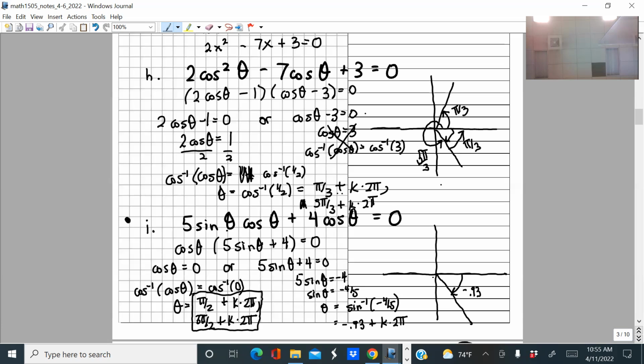It's got to be in the third quadrant, and its reference angle has to be the same as this one's reference angle. Well, that reference angle is 0.93, positive 0.93. So you're 0.93 into the third quadrant, just like this angle was 0.93 into the fourth quadrant.